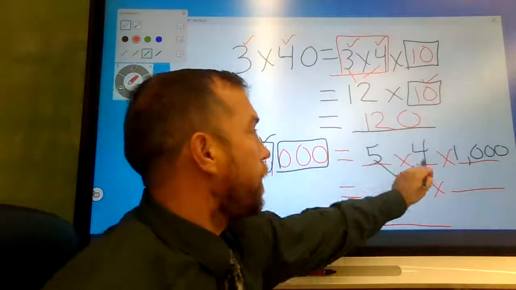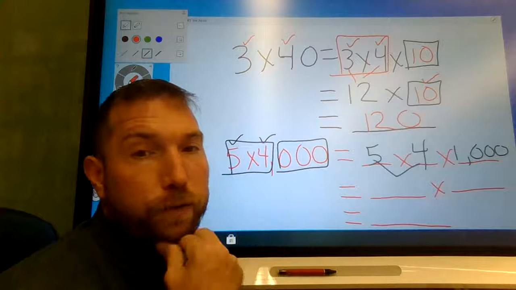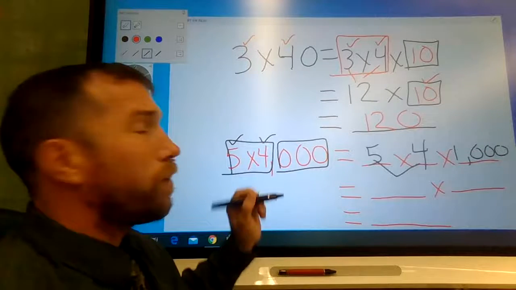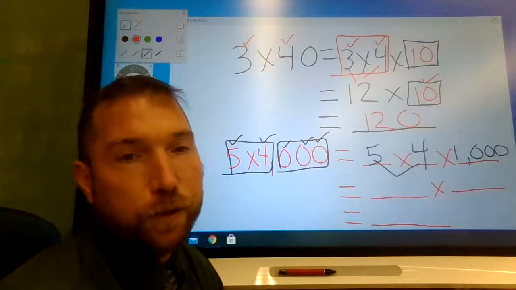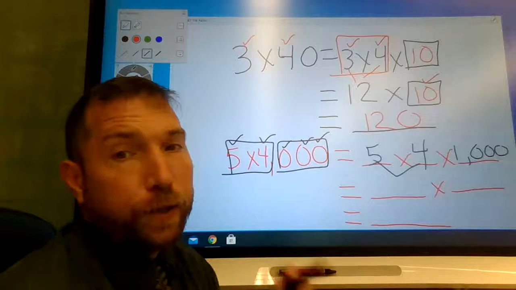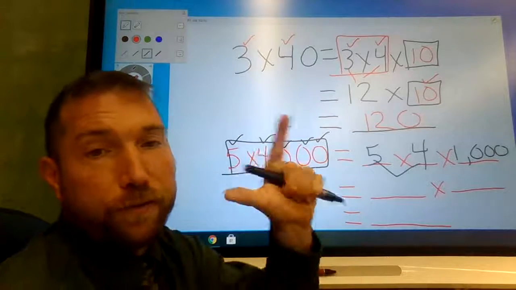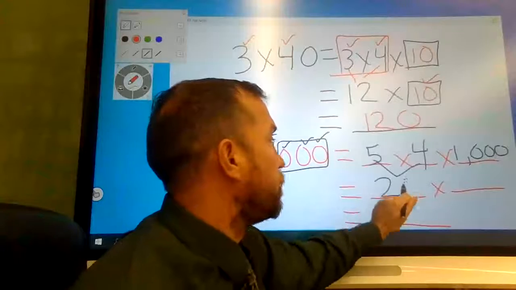Then I'm going to actually multiply my 2 regular numbers. And here's what's going to be different about this one. Some of you might be thinking, well, I know my answer is going to have 3 zeros in it when I finish. And that is not going to work here because it's something different. Because 5 times 4, right? 5, 10, 15, 20 has a 0 in it.